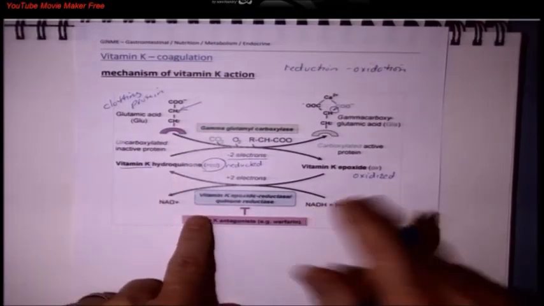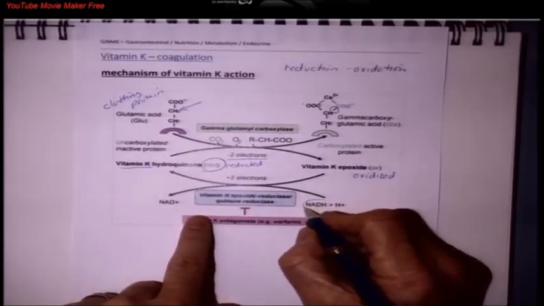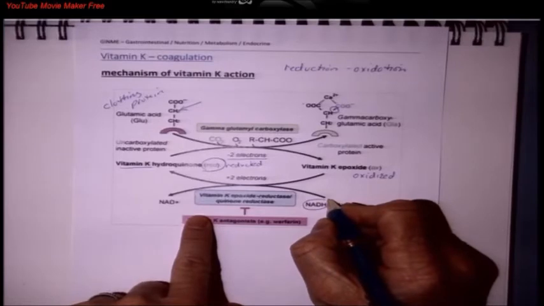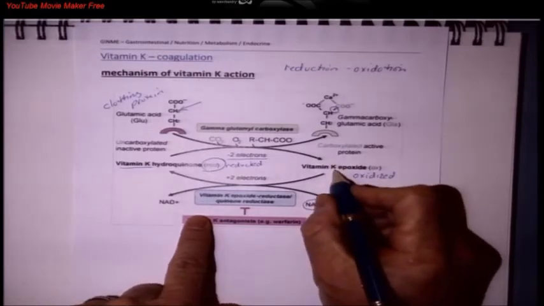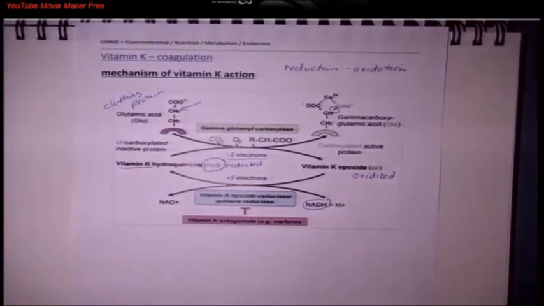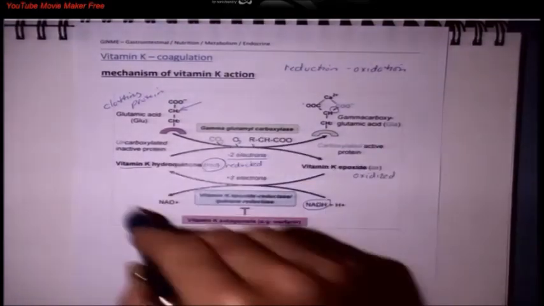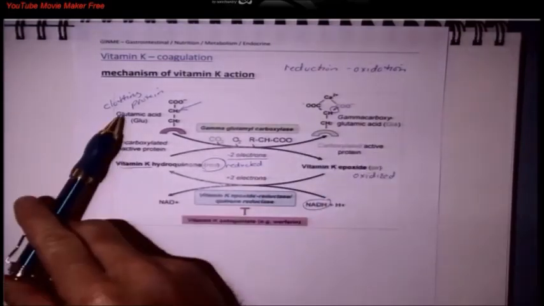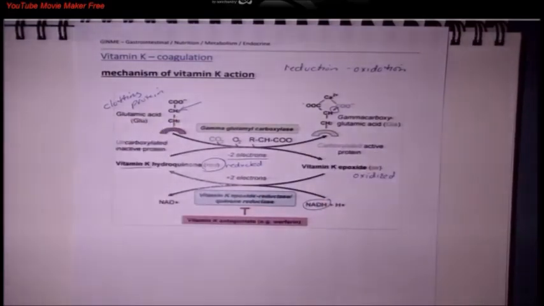We are going to use the electrons from NADH to donate to vitamin K to convert it back into its reduced form. Then we can keep this process going, and we can properly carboxylate all of our clotting factors. Okay? So that's the chemistry of vitamin K.